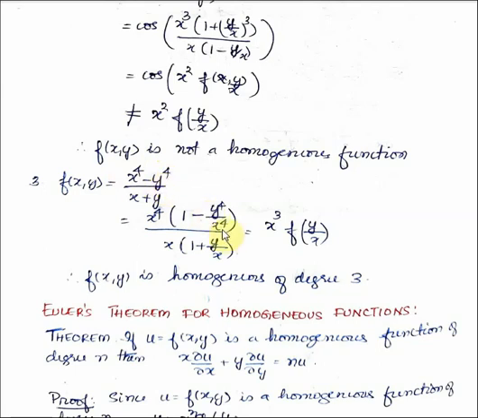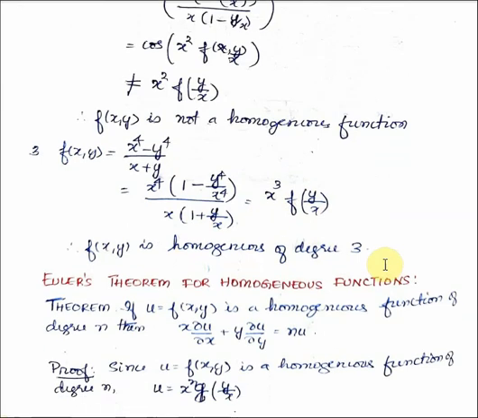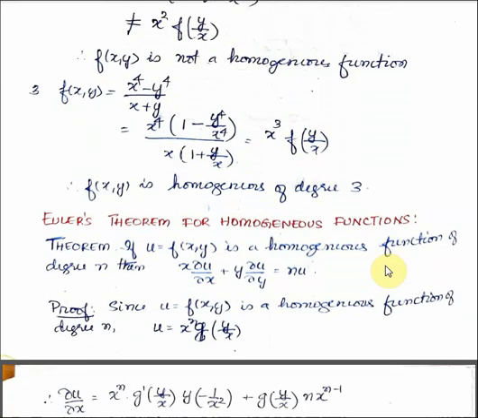The division remains inside, what I've multiplied goes outside. The same thing with the denominator also, x power 4 and x, one x gets cancelled, so that I have x cube into a function of y by x. Therefore, f of x, y is a homogeneous function of what is the degree now? Because x cube is taken outside, the degree is equal to 3. Therefore, these are all examples of homogeneous functions.